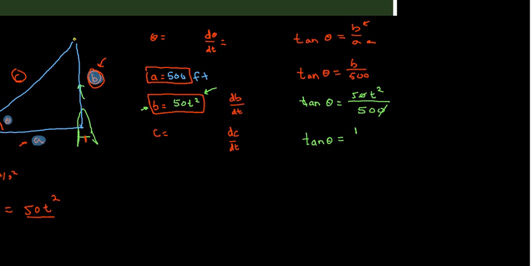Alright. Looks good. But we still haven't taken any derivatives yet, and we want to figure out d theta dt. So I've got to take the derivative of both sides here. Take the derivative of the left and the derivative of the right, just like that.